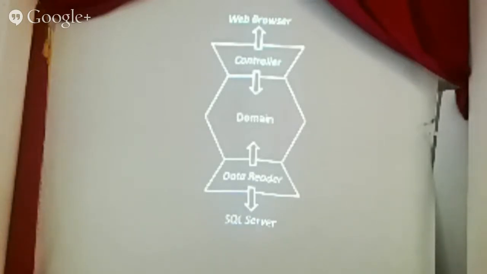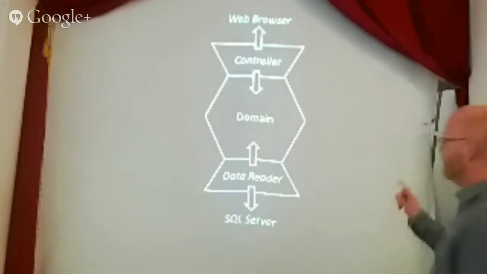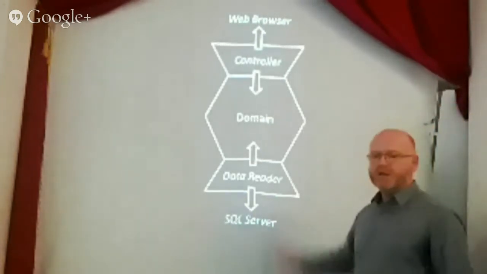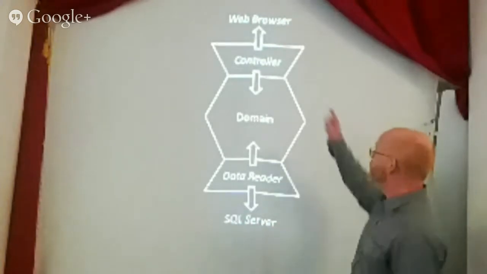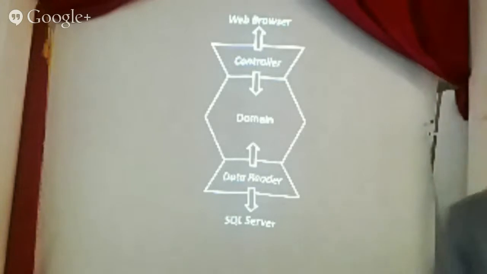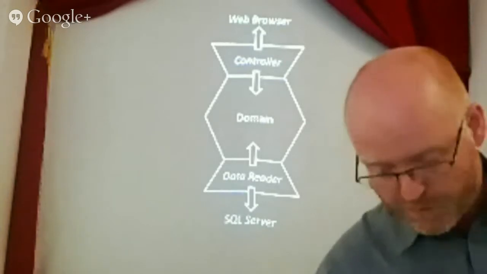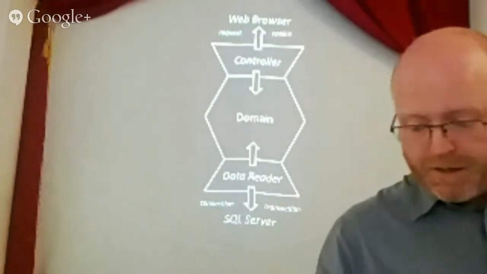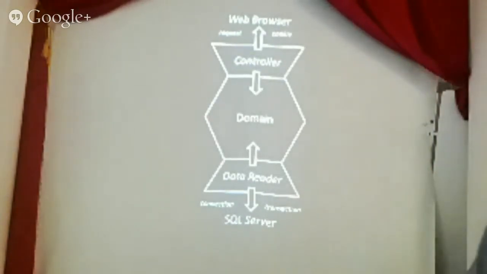And this is where we start to see the dependency direction going out from the center of the hexagon. So we've got data readers which know something about the domain, we've got controllers which know something about the domain, but they also have to understand all the vagaries of the web browser and the SQL Server, or the web server, if you like. So they're adapting non-domain things into domain things.